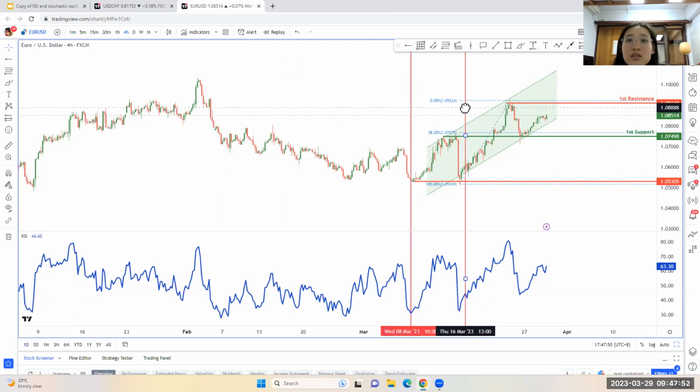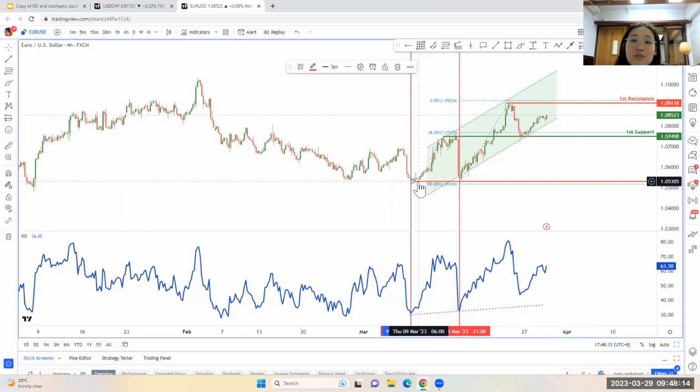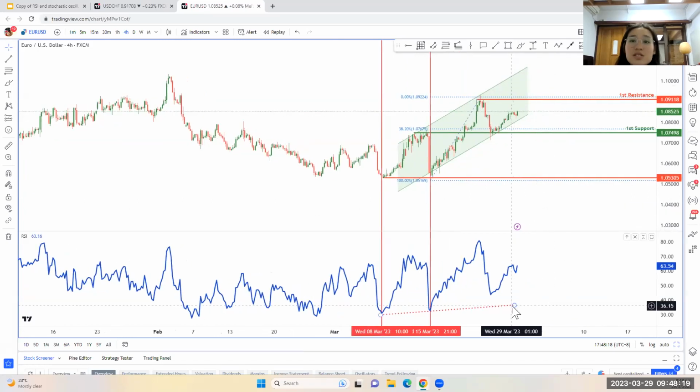You can see the wick of the candlestick here, right? Whereas on our RSI chart, price is moving upwards. So price is making a higher low on our RSI, whereas on our price chart, it is staying in a horizontal support level. So let me color it green because it's a bullish divergence. So we're expecting price to move upwards, which you can see that it did.